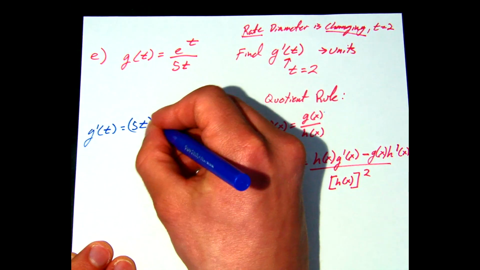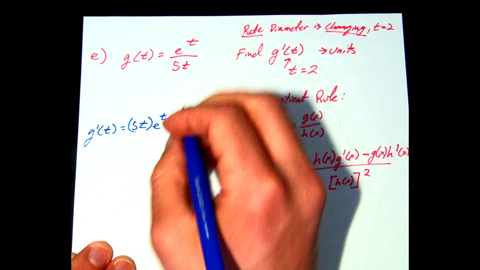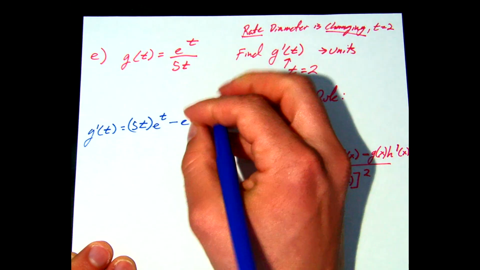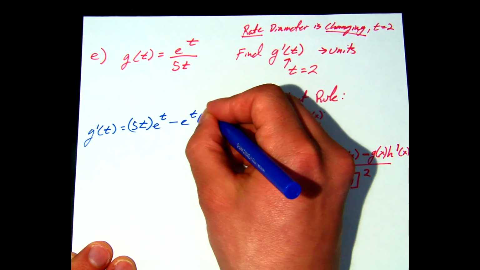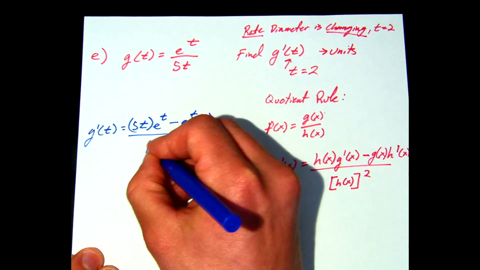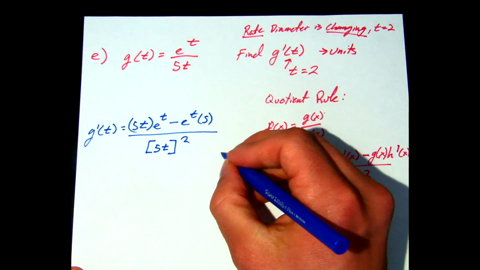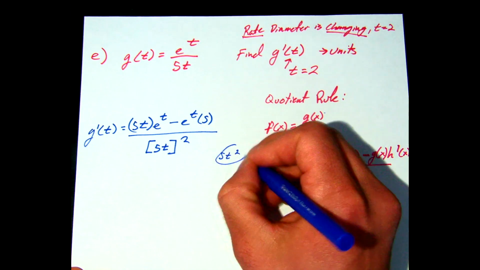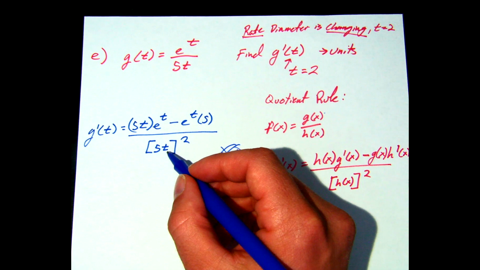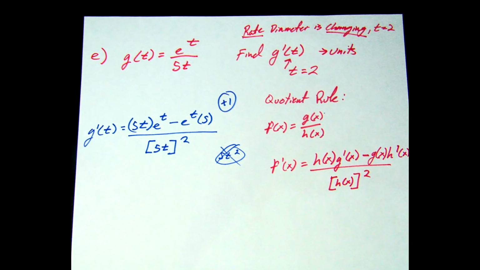Good news for us, that's just e to the power of t, minus high, e to the t, derivative low, so that would just be 5, okay, all over (5t) squared. Make sure you put brackets here. I could see somebody going, oh, 5t squared, which is not the same. This is going to turn out to be 25t squared, so be careful. All right, this is our first point, just doing the derivative.